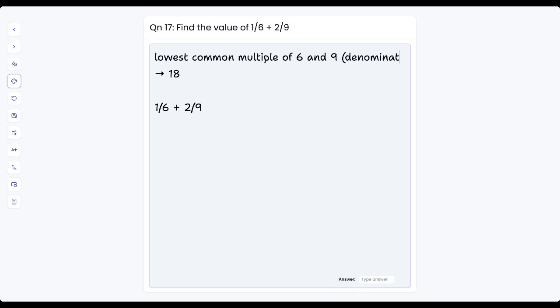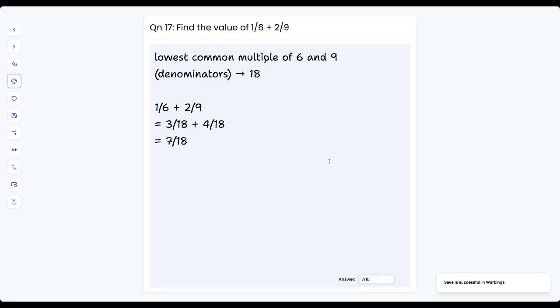Okay, so 1 over 6 plus 2 over 9 is equal to 3 over 18 plus 4 over 18, which is equal to 7 over 18. So that's the answer, 7 over 18. All right, let's move on to the next question.